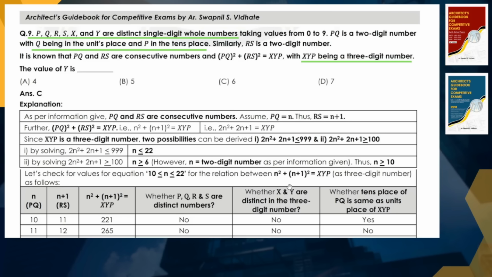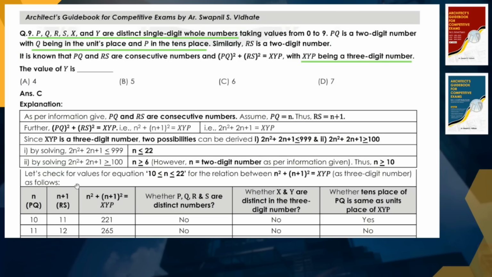N square plus (N plus 1) square, which is equal to XYP. And we need to fulfill the condition that PQ is a two digit number, Q being in the unit place and P in the tens place. So we need to fulfill this condition that the digit which is at the tens place in PQ should be at the units place in this three digit number, right?